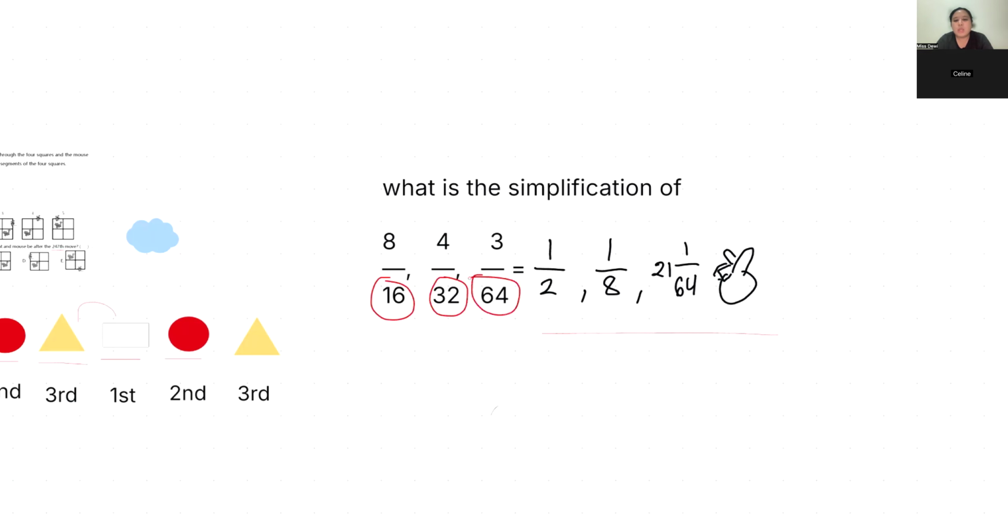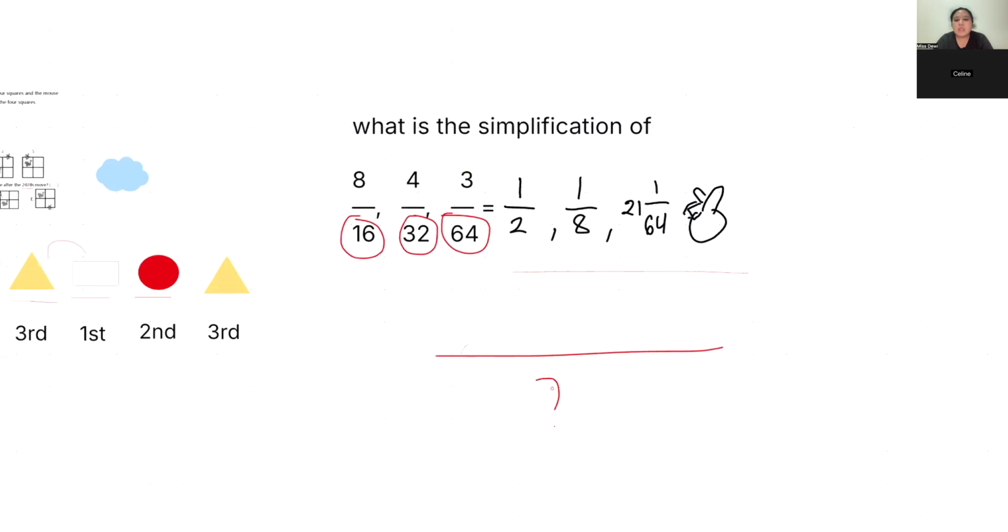Now, what we should do is find one denominator. The rule is this denominator needs to be divisible by 16, by 32, and by 64. So what is the best number that we can put in here to become one denominator?